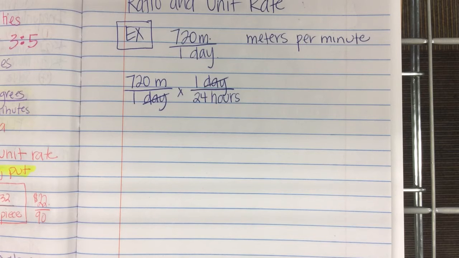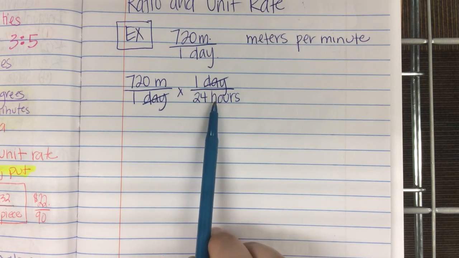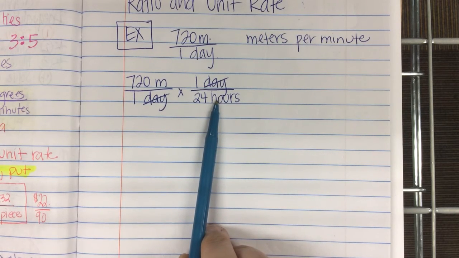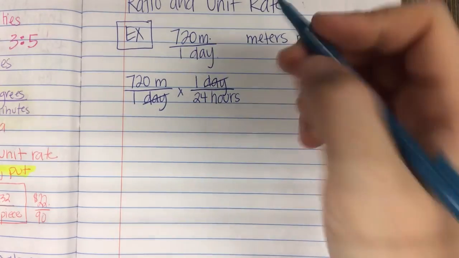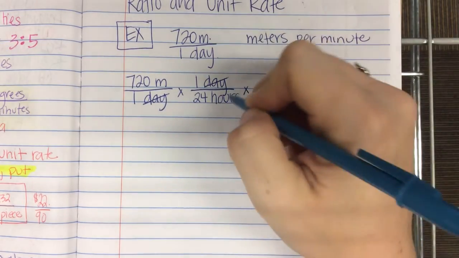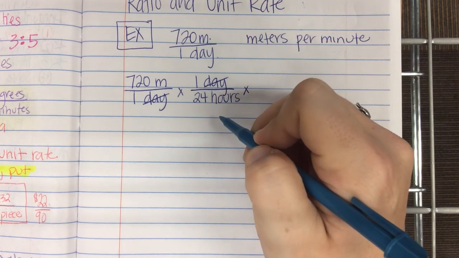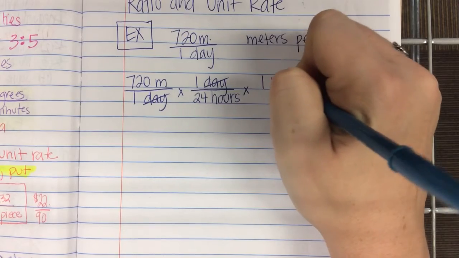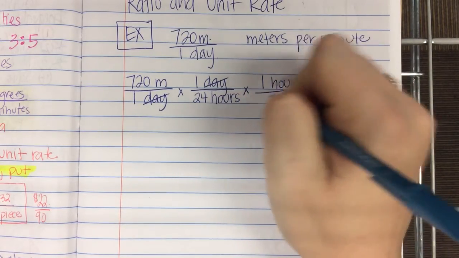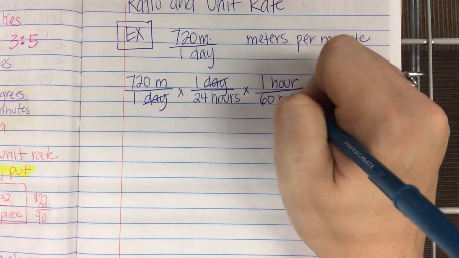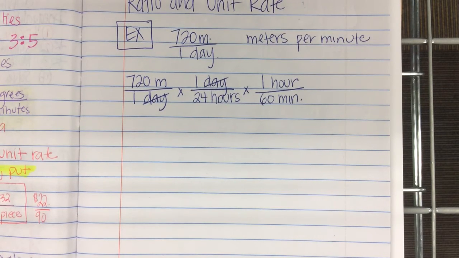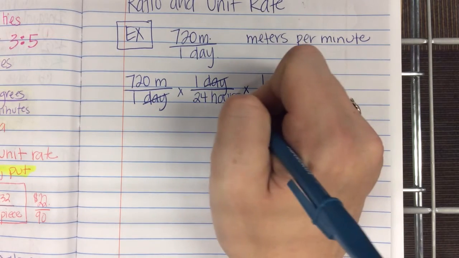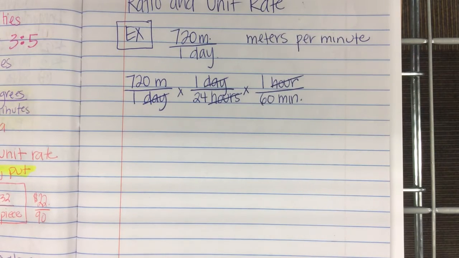All right, so now I have hours as my denominator. Is that what I wanted? No, I need minutes. So I want hours to be across from hours. I want them to be diagonal, right? What do you know about 1 hour? I know that 1 hour is 60 minutes. And if you look, my hours are across from each other, so now they cancel out.